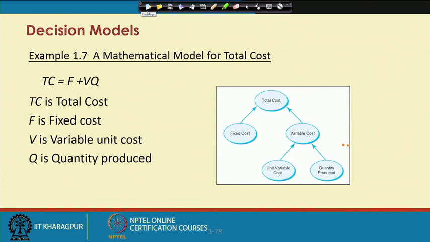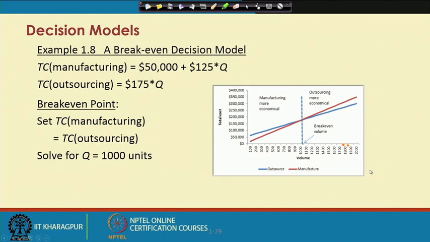Okay, this is a little bit of extension of the previous model. The variable cost can again be expressed with respect to unit variable cost and quantity produced. Then you can follow up, but the whole idea is how best you can minimize the cost structure. Okay, this is another kind of decision model.